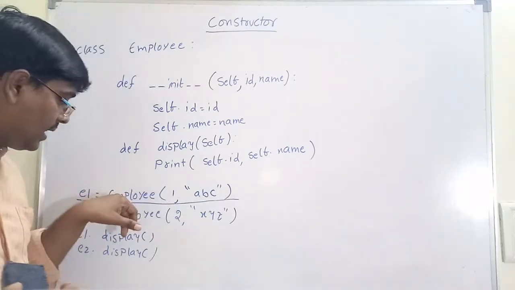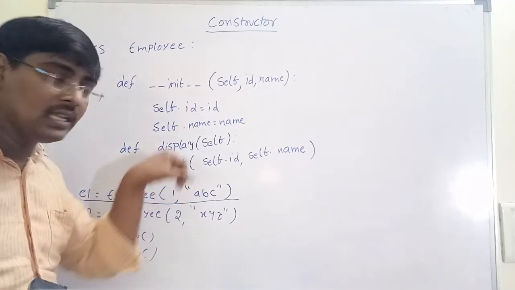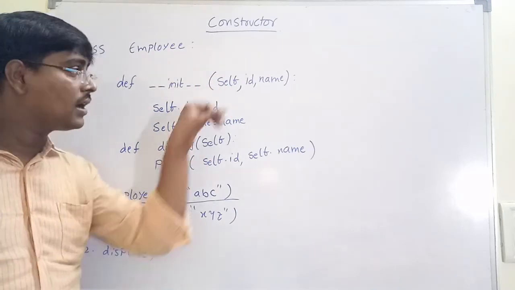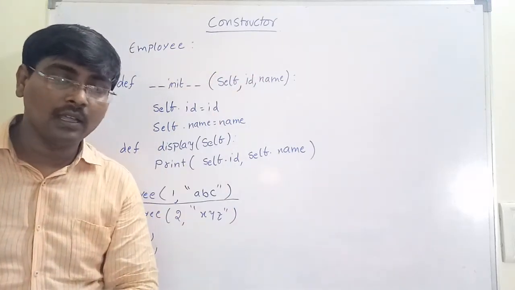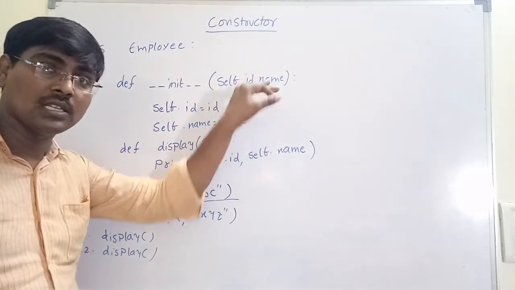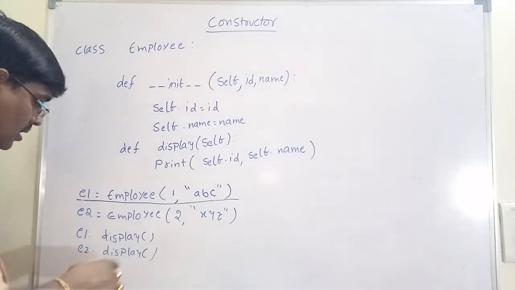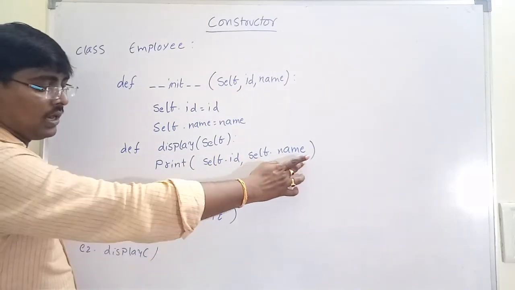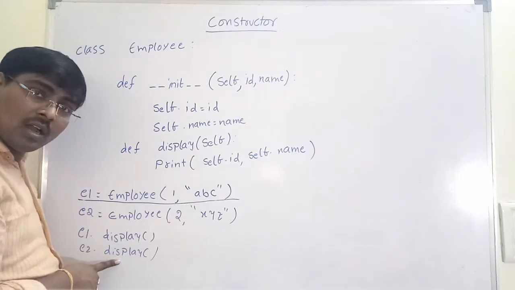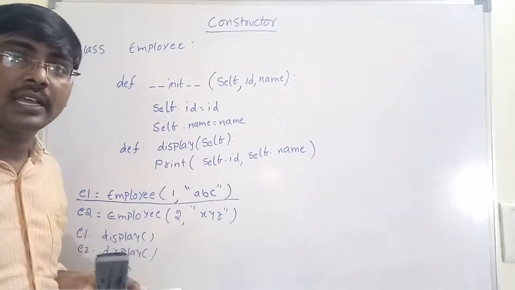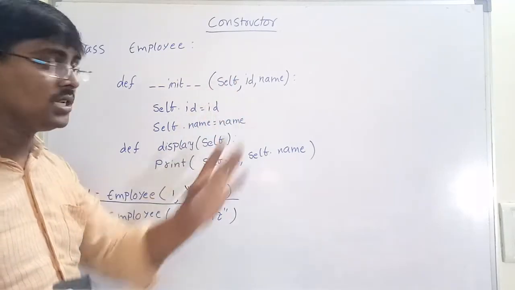Whenever we are creating an object, the constructor is called automatically and assigns the values to these instance variables. e1.display displays 1 and abc, and e2.display displays 2 and xyz. This is the creation of constructor.